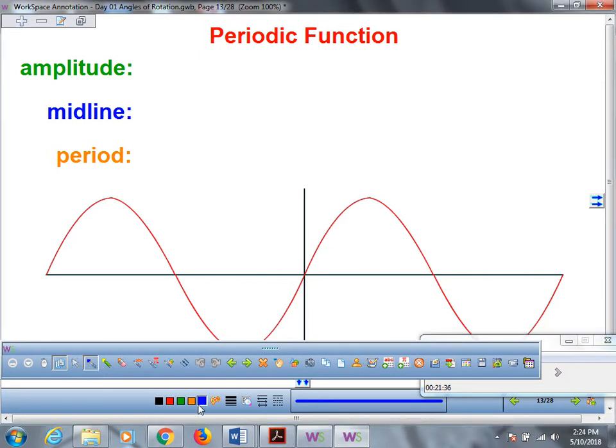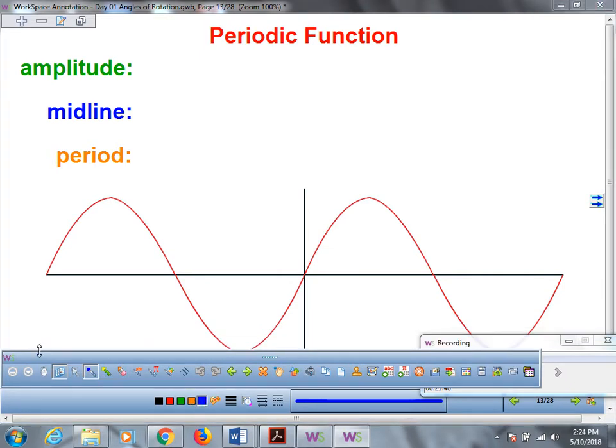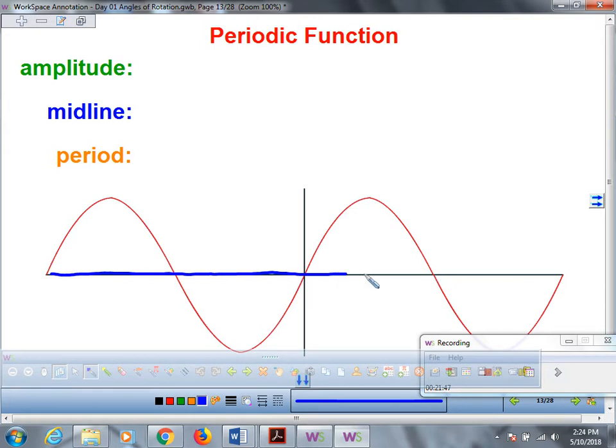Okay. Who wants to tell me what their definition of the midline would be? Let's hear Christian. What do we want to call that? We're not going to call it the x-axis, even though it could be right now, because what do all of our functions have done so far? They have transformations, right? So the middle is not always going to be on the x-axis.